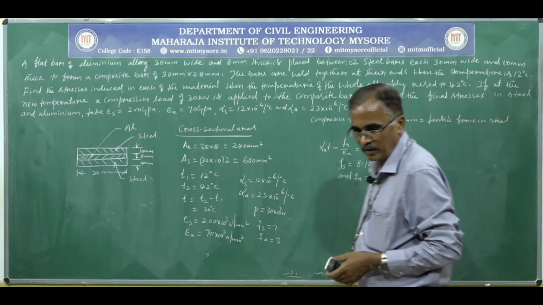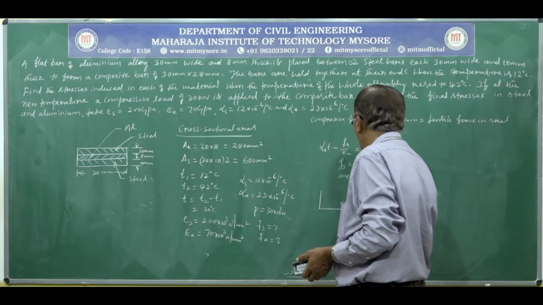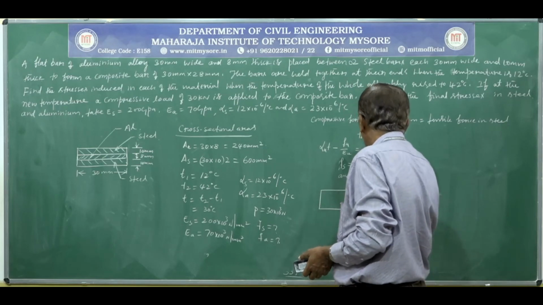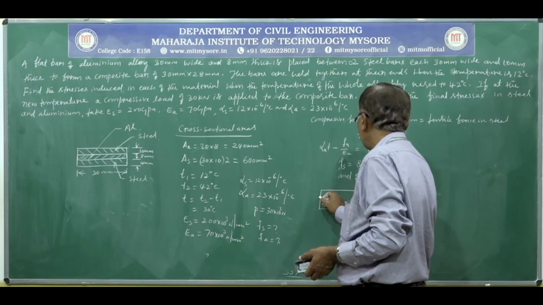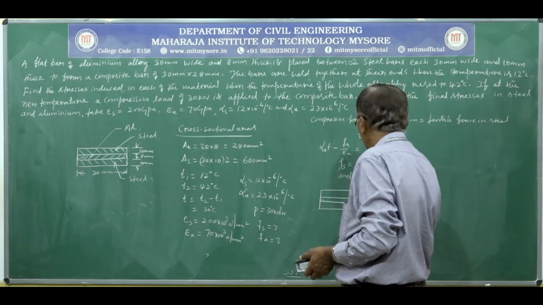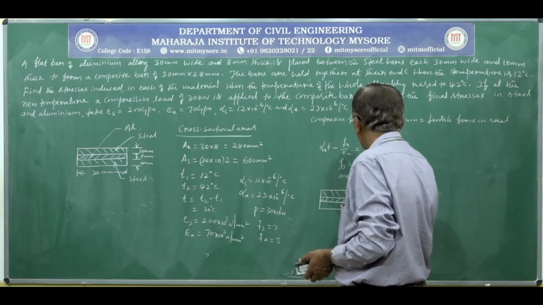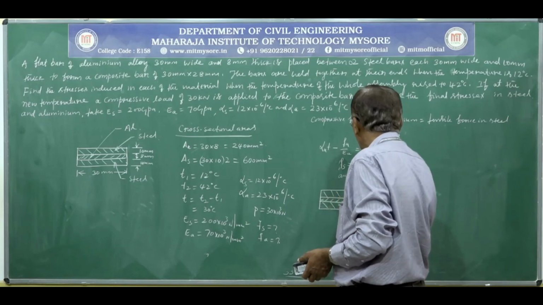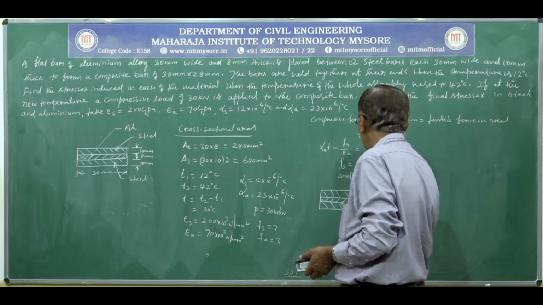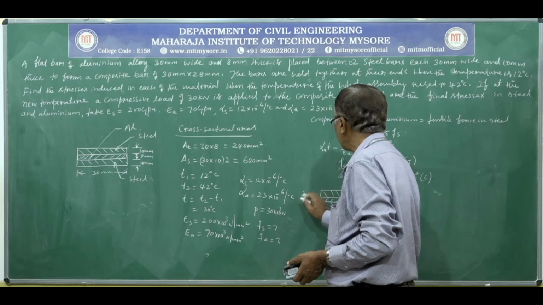Next, by considering these three members as composite bars, again the aluminum and the steels, now this is subjected to a compressive load of 30 kilonewton.